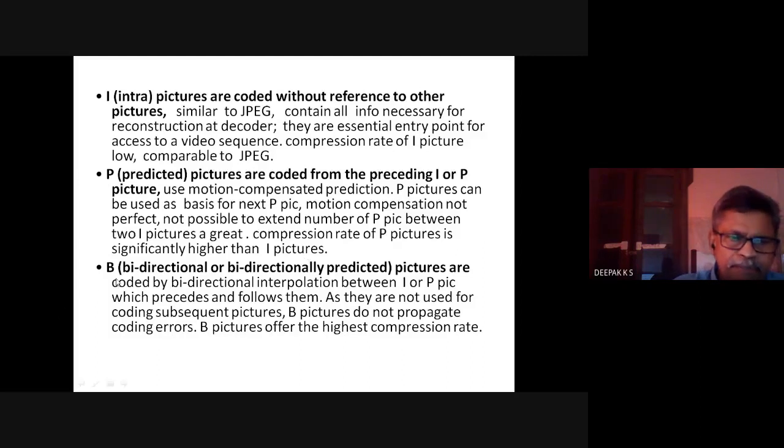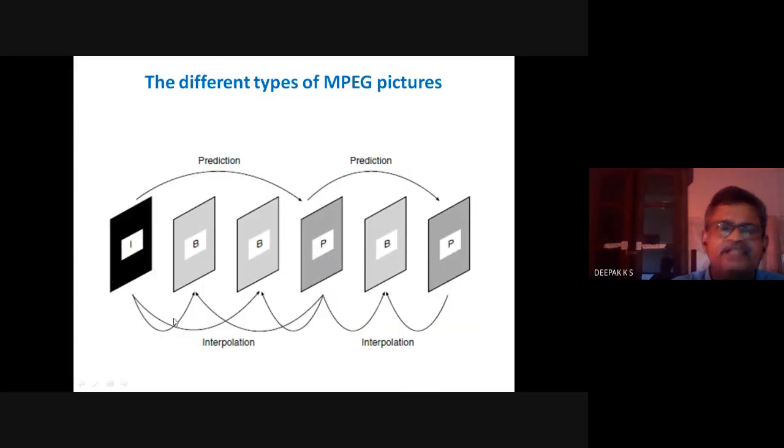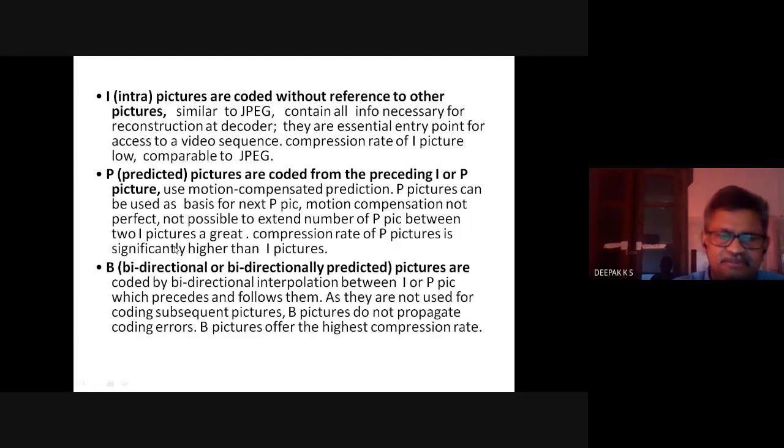Now, B picture is bidirectionally predicted. So it can be predicted from the subsequent or preceding pictures. So it is like interpolation. From the preceding pictures or even from subsequent pictures, you can predict some picture.